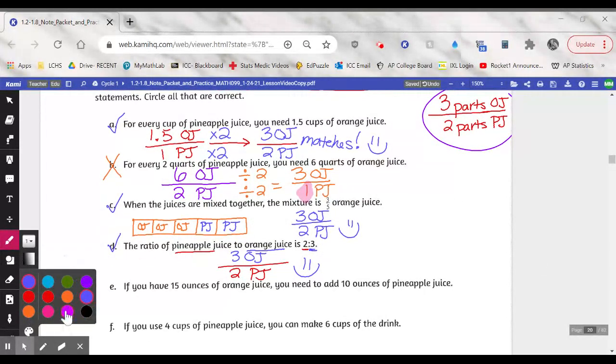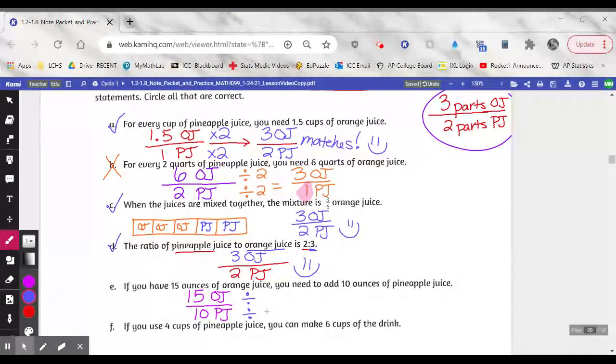For E, it says if you have 15 ounces of orange juice, you need to add 10 ounces of pineapple juice. So this is 15 of orange juice, and they say 10 of pineapple juice. So 15 and 10, that is a fraction that we can simplify.